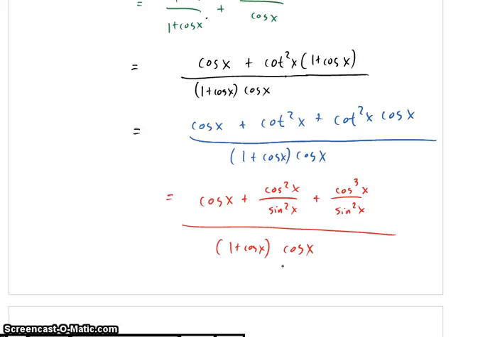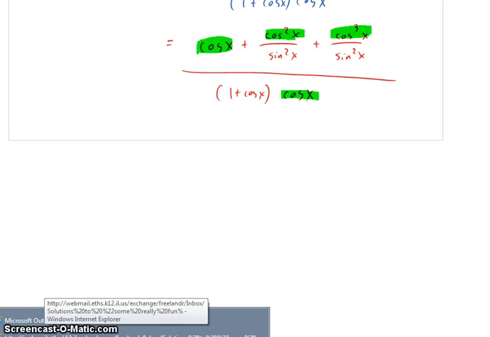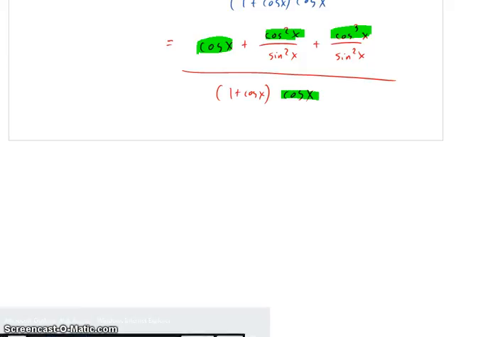All right, what should we do next? Well, I should have noticed this earlier, but there's a cosine of x in every term right here. So why don't we factor that out? Because I see a cosine of x down there, and then we're going to be able to cancel that out. So I'm going to factor out that cosine of x in the numerator.